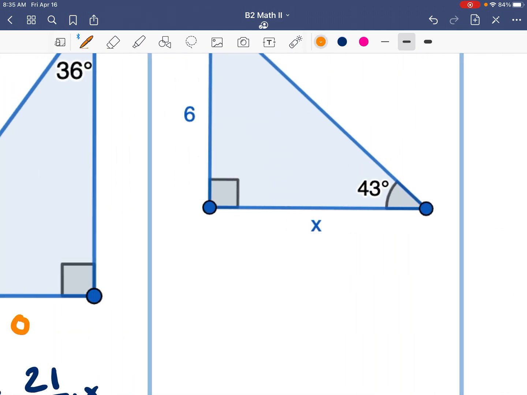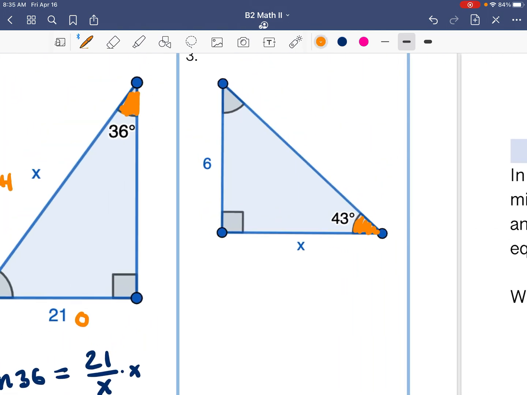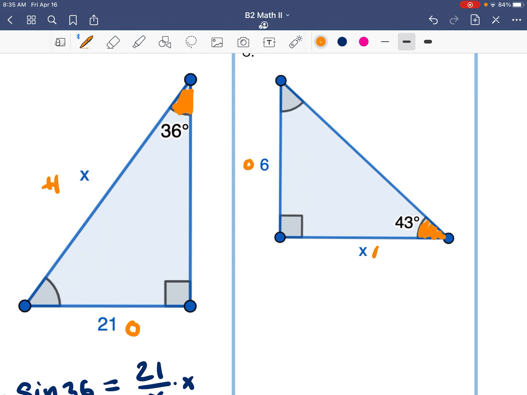Last one, we have a reference angle of 43, and we're dealing with the opposite and the adjacent sides. So we have tangent of 43 equals 6 over x.